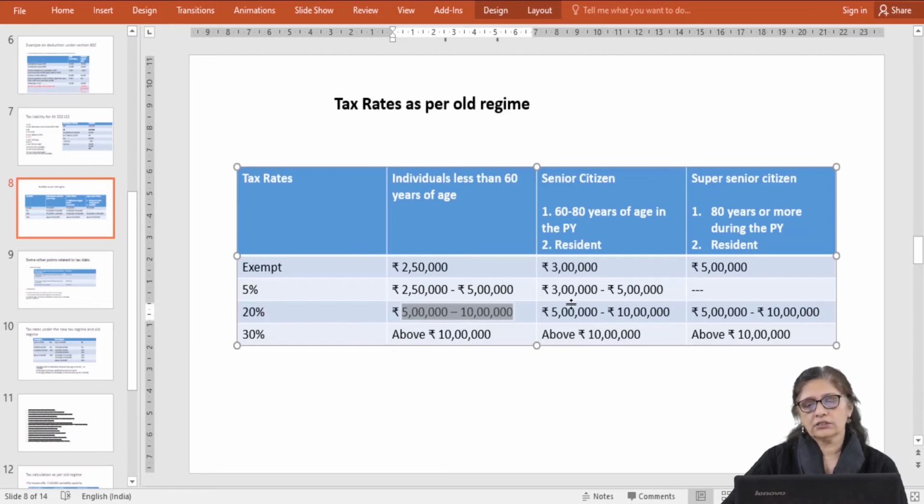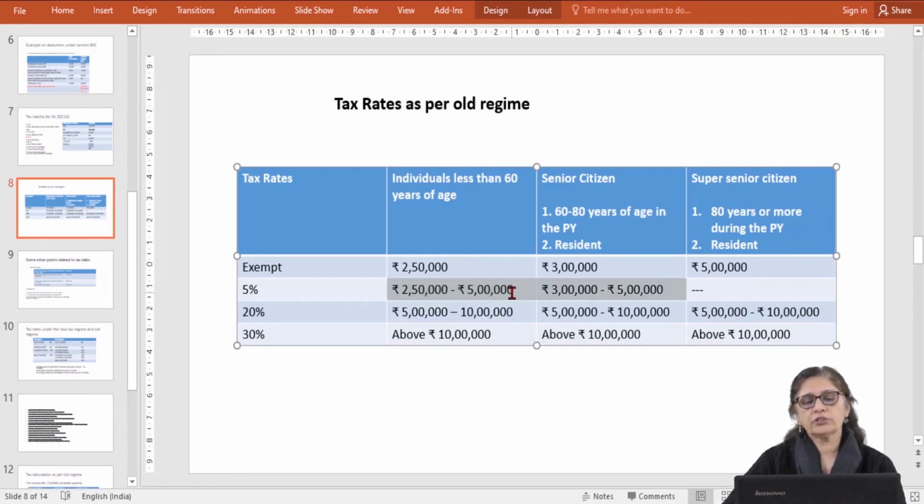For a senior citizen, it's the same structure with the difference that this 250 becomes 3, and therefore this 250 to 5 becomes 3 to 5. So income which is taxable at 5% for a senior citizen is 2 lakhs, while for a non-senior citizen it is 2,50,000, here it is 2 lakhs.